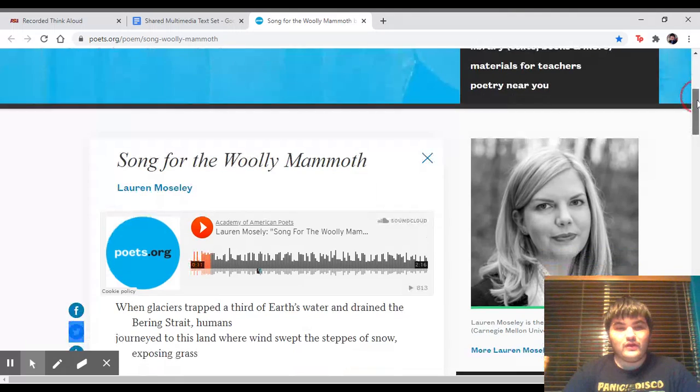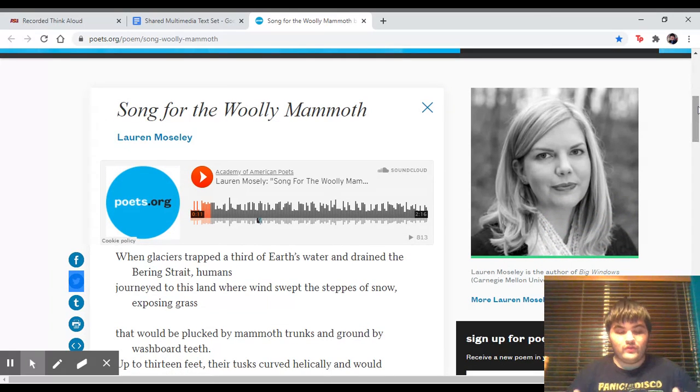So moving right along, the first thing I want to start off with is looking at the format. It's very important to look at the format because we want to see how the author has written out the poem. Sometimes it's really good to look at the author or the intent of the poem afterwards.